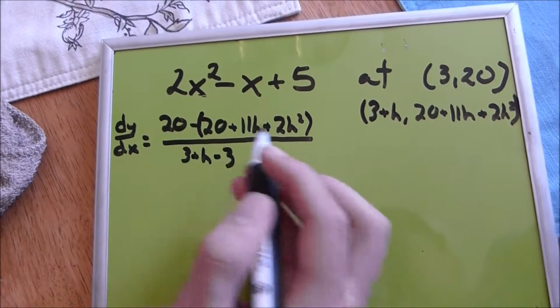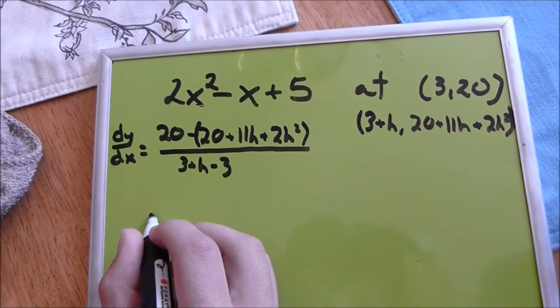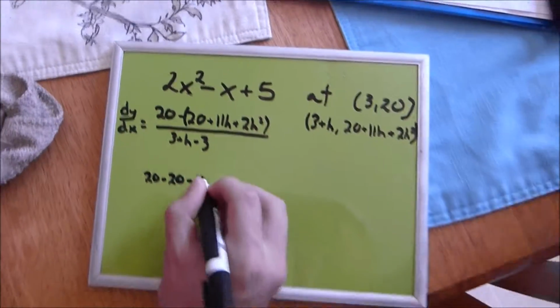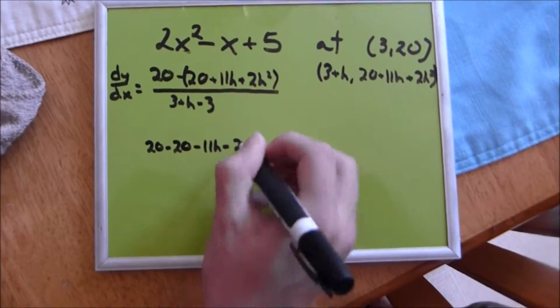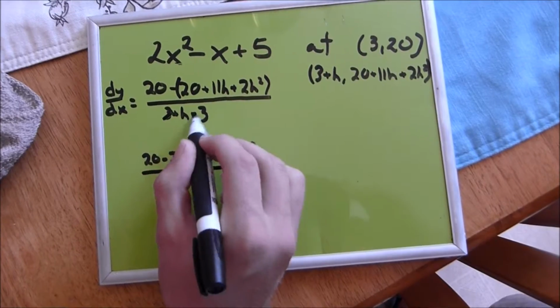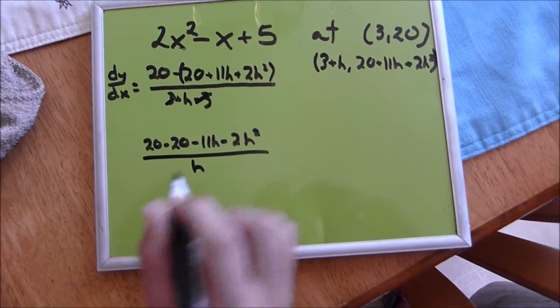So when we distribute the negative out, it's going to be 20 minus 20 minus 11h minus 2h squared over, and these 3's cancel. It's going to be all over h.